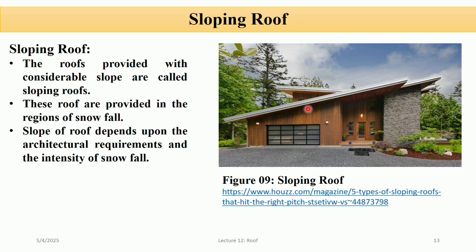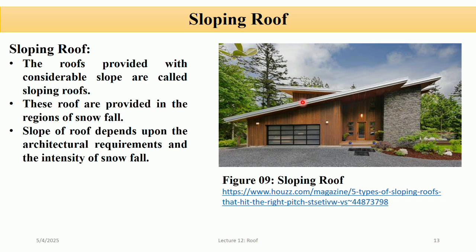If snow collects on a flat roof, it can become very heavy and cause structural damage or leaks. A sloping surface helps snow slide off naturally. Sloping roofs also improve water drainage, reducing the risk of leakage and water damage, so we provide the sloping roof for rainwater drainage.